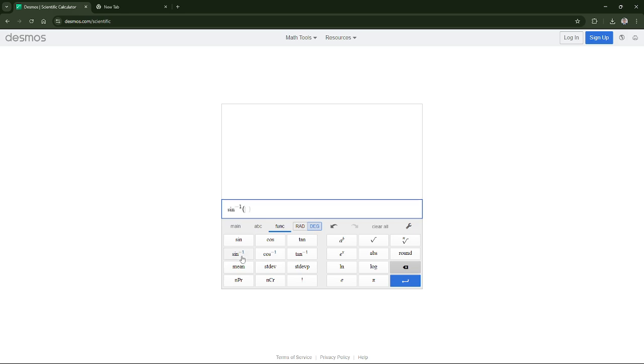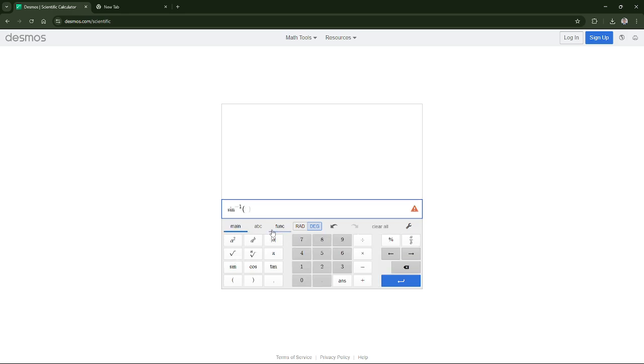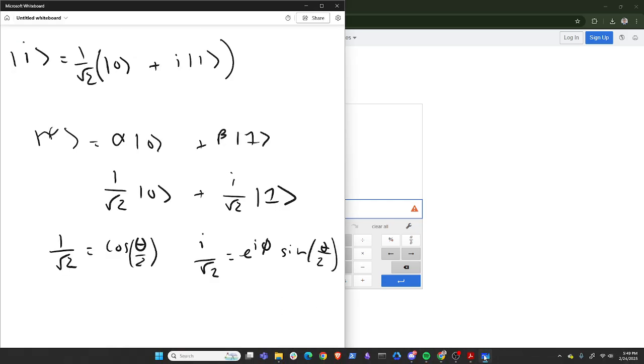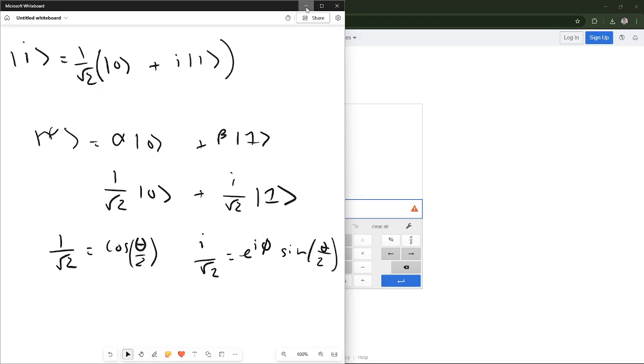Inverse of, what was it? 1 over, oh, it's not, it's cosine inverse, sorry.